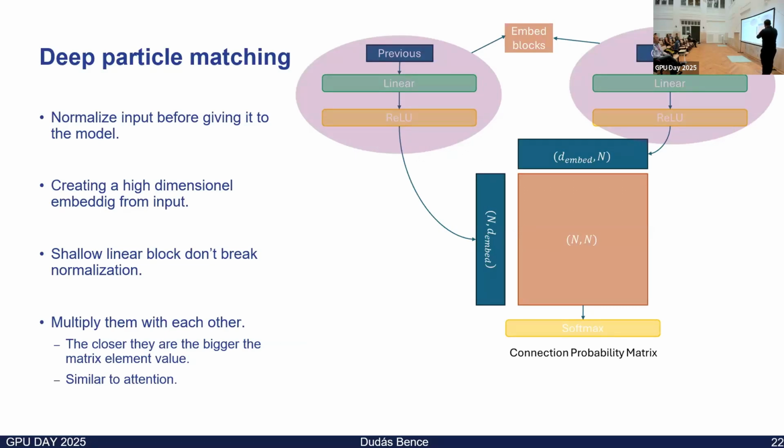And we just simply multiply this higher dimensional representation to get a matrix where the particles that are closer to each other, or more likely to connect, have a higher value, and particles that are far from each other, or less likely to connect, have a lower value. And then we apply a softmax function to translate it into probability. And it's important to note that I normalize the data before I give it to the model. That's why it can work.